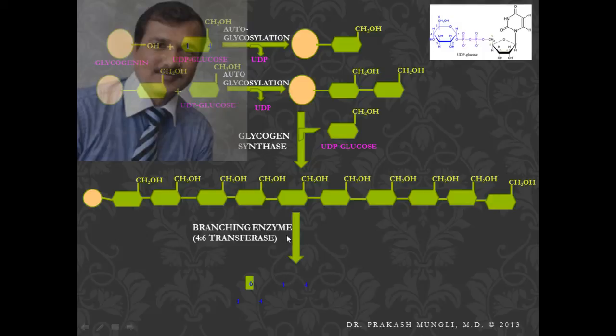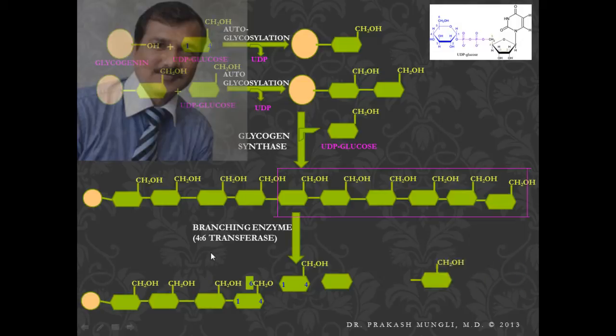Once sufficient elongation is done, usually around 11 to 15 glucose residues added, a part of this will be taken by the branching enzyme. See, this part of the long linear chain is taken by this branching enzyme. The branching enzyme is also referred to as alpha-1,4 to alpha-1,6 transferase, which is also called 4,6 transferase. What it does, basically, is cut off that branch in total.